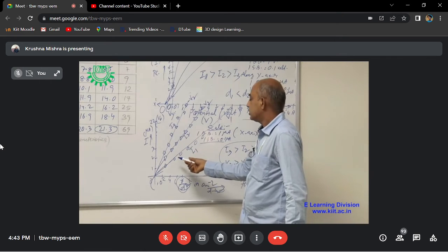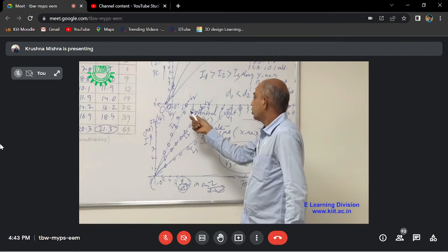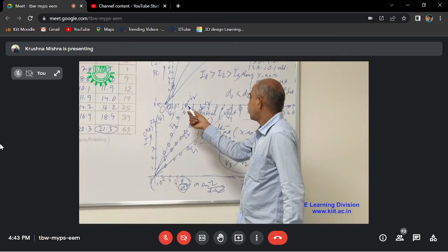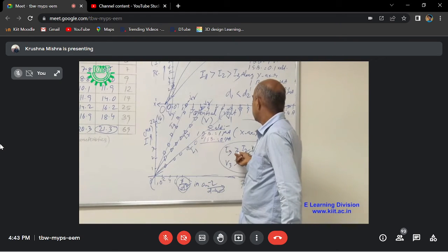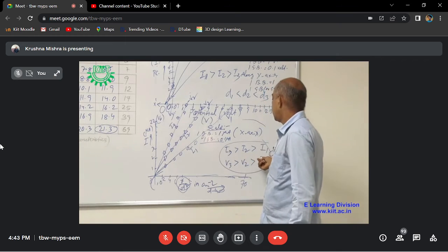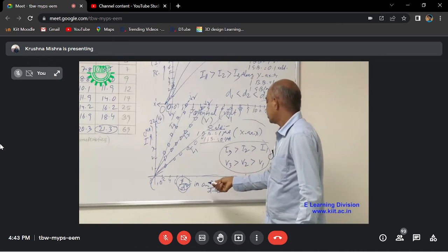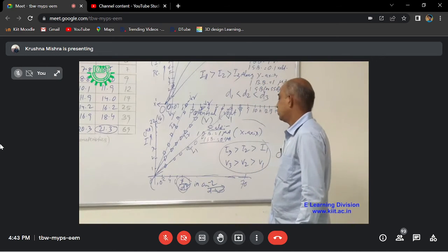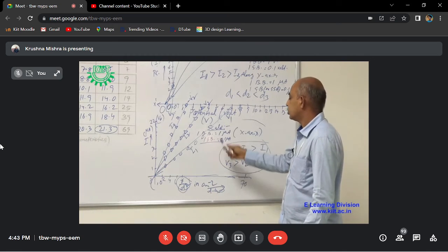Number one, it is a linear graph, and number two, the photocurrent is gradually increasing with respect to the intensity of light, not with respect to the potential, because we are fixing the potential here.